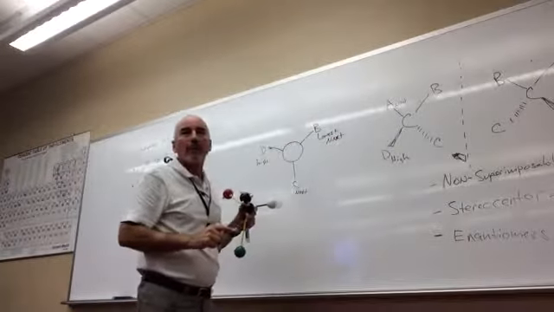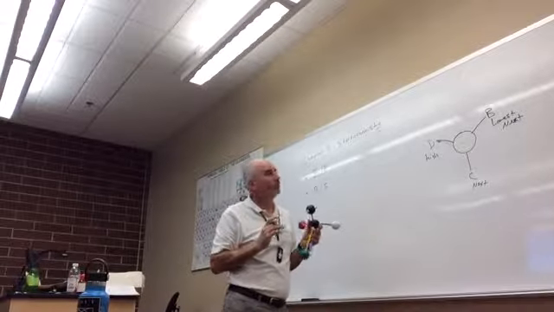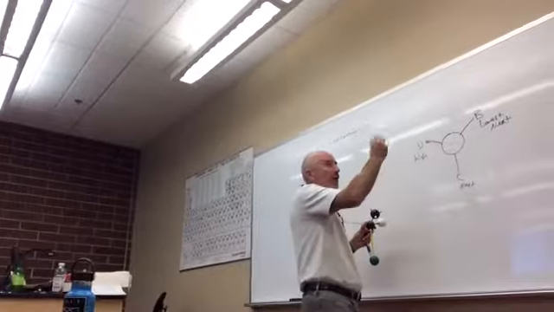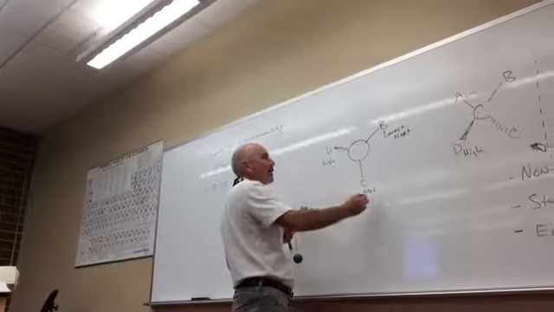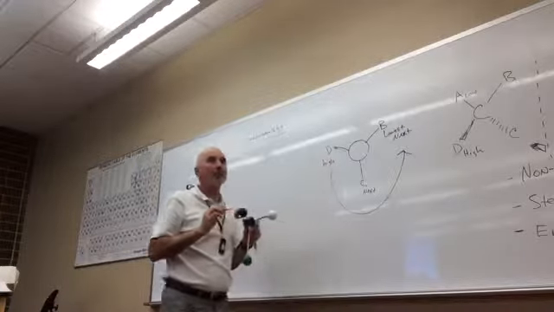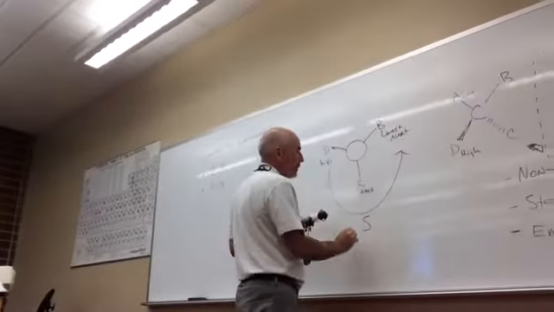So D has to be high because we don't want to do that. So then my rotation here is from high to next to lowest. So my rotation is that way. Is that clockwise or counterclockwise?